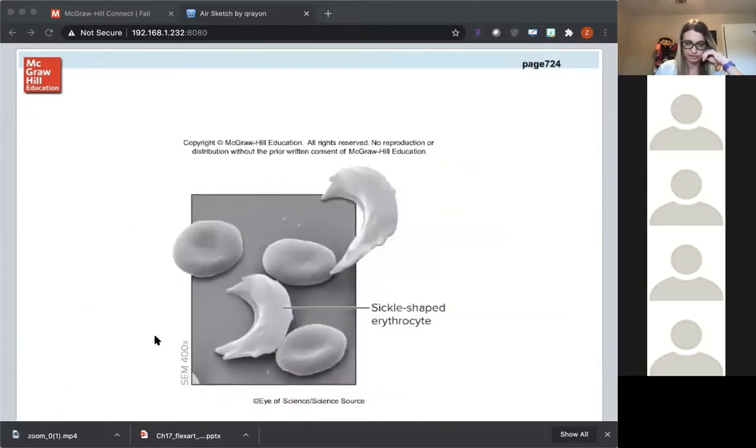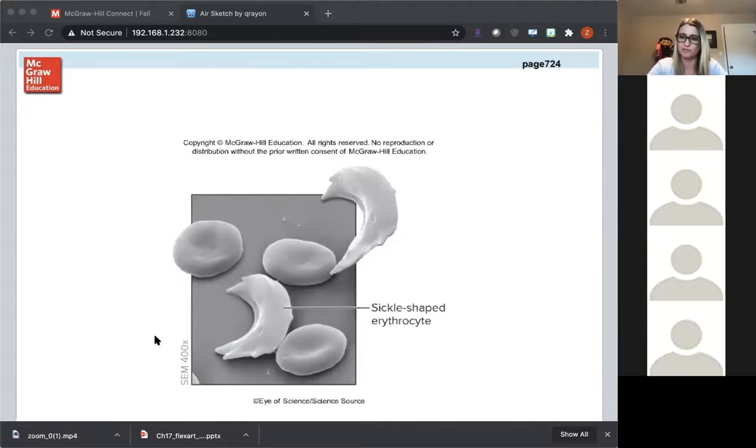This shows you sickle cell erythrocytes, and this is a genetic condition where your hemoglobin is not correctly formed, and that is going to affect the shape of your erythrocytes, which become sickle-shaped like this. They are less efficient in carrying oxygen, and they can also get stuck in your capillaries.